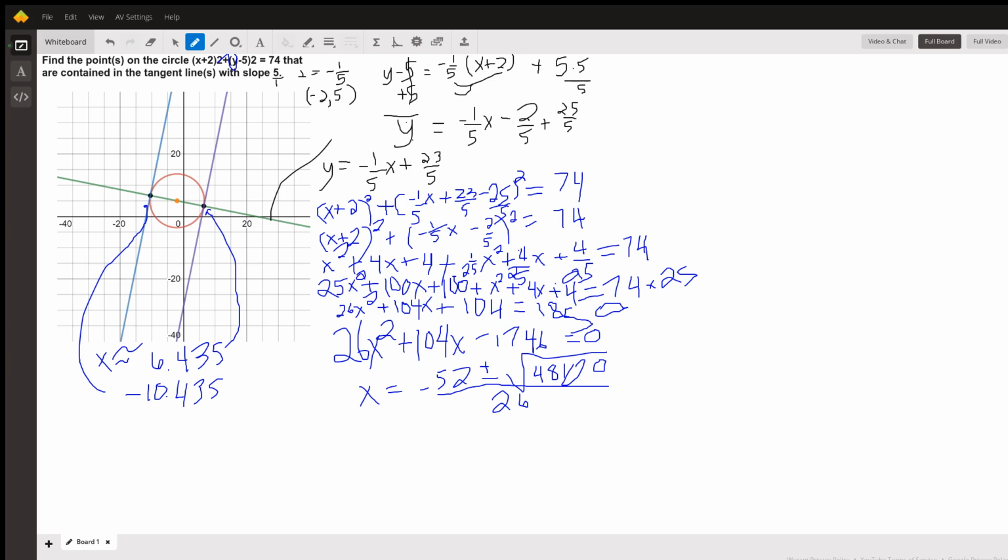And now you just have to plug it back in to the easier equation. I would plug it back in to this equation because it's the easiest, and find the corresponding y values.